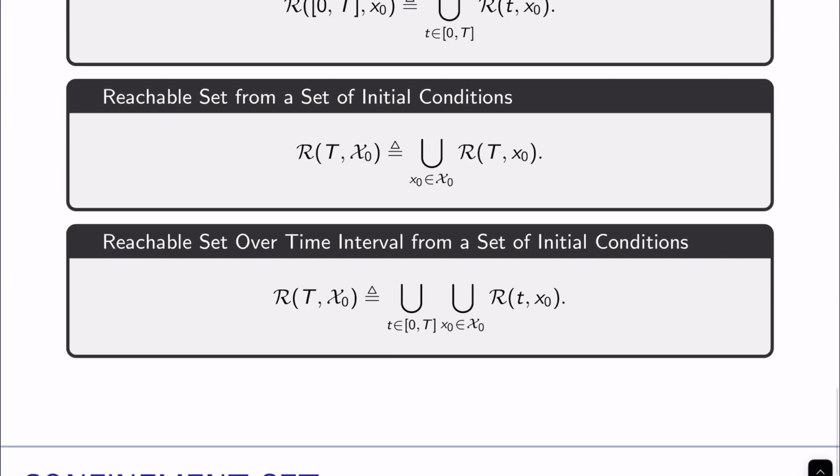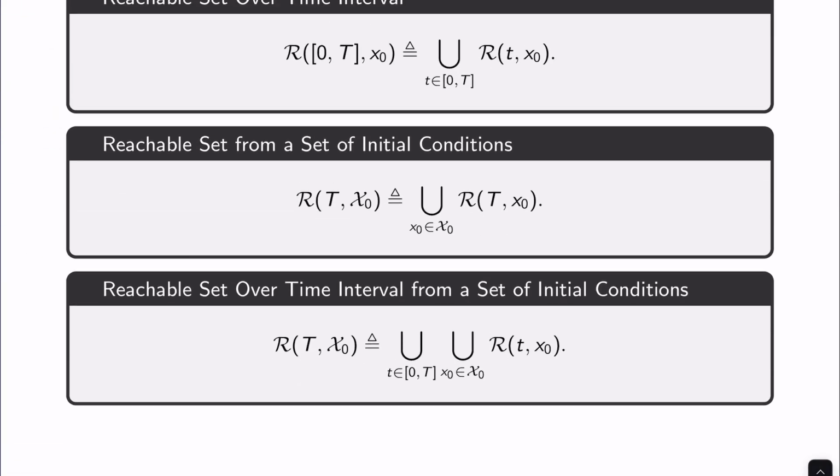So if you can imagine, we can also do the same thing. And now I am kind of mad because there is a typo, which is really annoying. I just noticed. So we have a time interval, and we have a set of initial conditions, right?